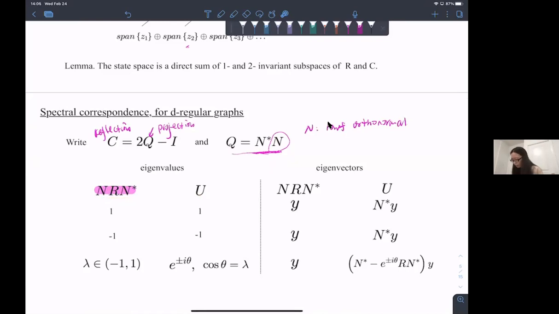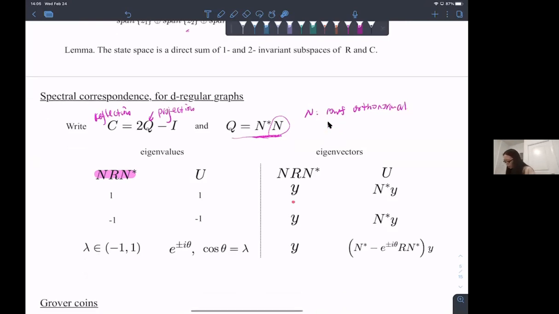So if lambda is equal to 1 or -1, then they contribute partly to the real eigenvalues of U. Okay, and if lambda lies strictly between -1 and 1, then they contribute to a pair of complex eigenvalues of U whose real part is equal to lambda. So in a word, every eigenvalue determines the real part of some eigenvalue of U, and you can find the imaginary part very easily.